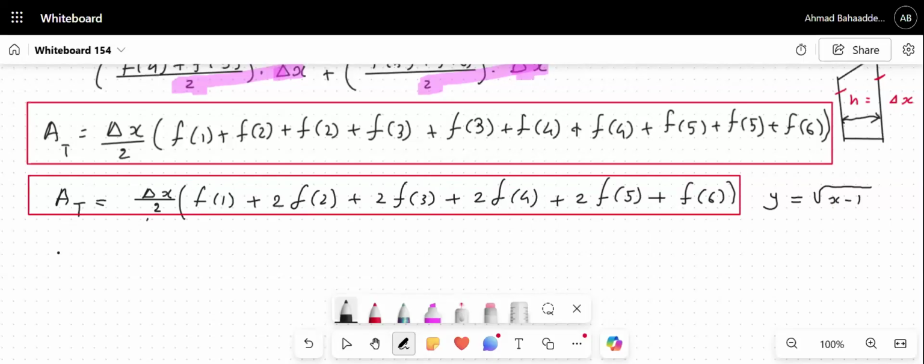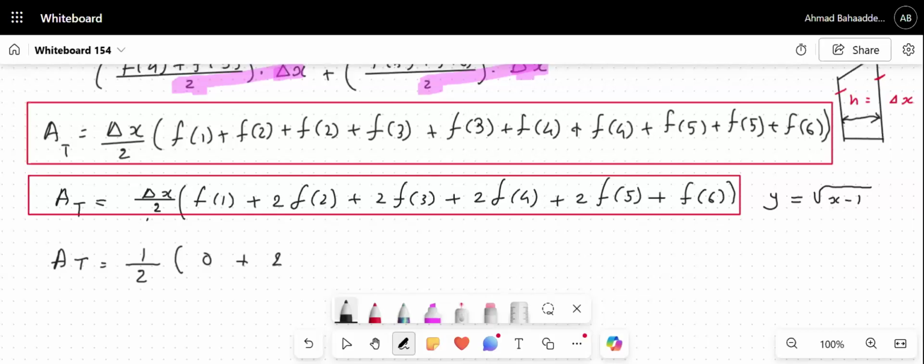I'm going to write down the area of the trapezoid solving this question. We said that delta x is 1, so 1 divided by 2. f of 1, substitute 1 here, so f of 1 is going to give me 0 times 2. f of 2, if you put 2 here, it's going to be the square root of 2 minus 1. I can put it here so people can see it, instead of having problems understanding the steps.